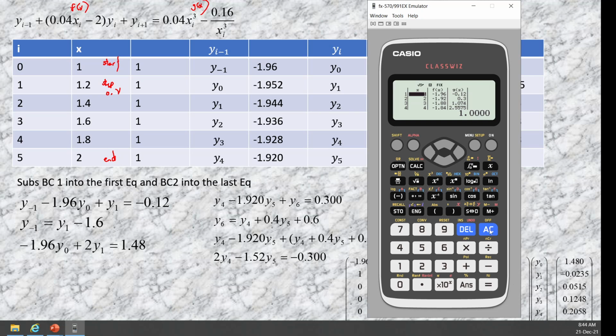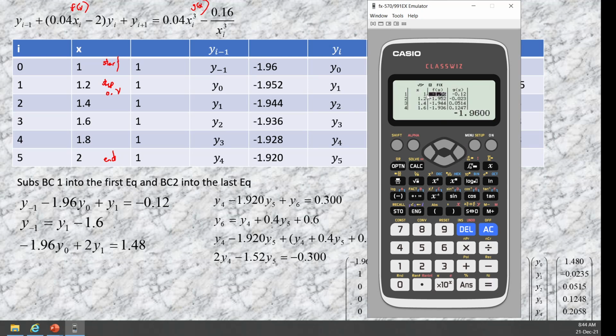If fx and gx are wrong, I should press down. Minus 2, gx correct. Starting value 1, then ending is 2, and the step size is 0.2, from 1 to 2.